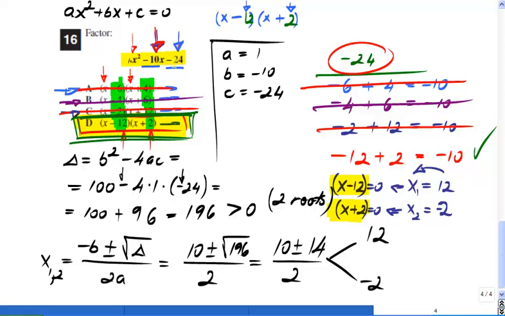Like I said, if by any reason you don't remember how to look at your last term, find its factors, and see if they add up to the middle term's coefficient or not, and work like that, okay? If you don't remember this, don't freak out. Do not panic. You're going to use the quadratic formula and find its factors by going this way. This is a harder way, longer, more time consuming, right?